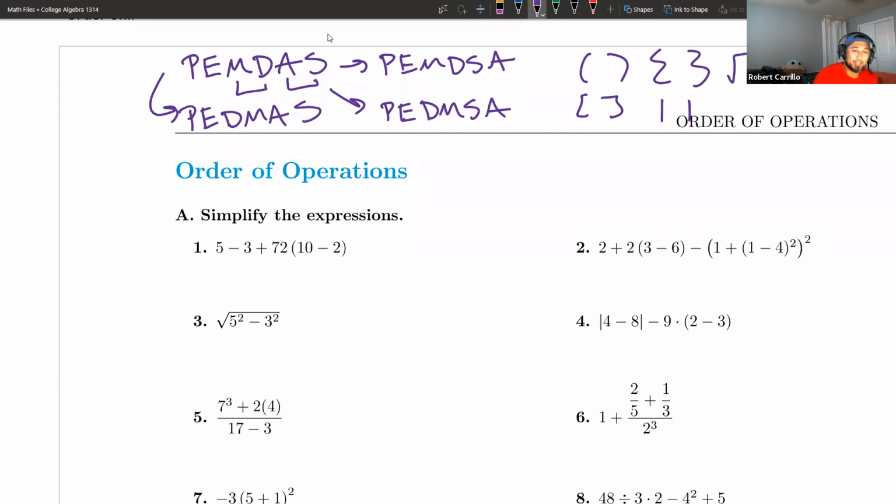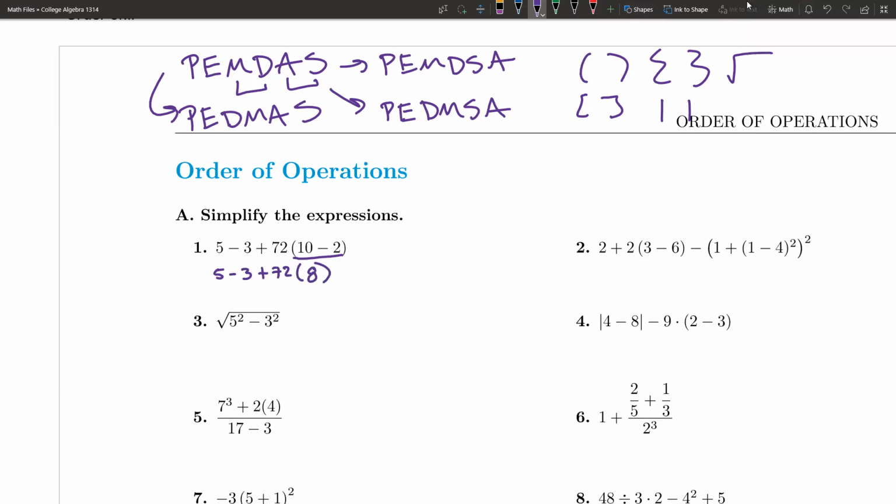All right. So starting with number one, we have 5 minus 3 plus 72 times parentheses 10 minus 2. So we see that reading from left to right, we have a parentheses that comes first. So we will handle the parentheses first. So everything stays the same: 5 minus 3 plus 72 times parentheses 10 minus 2, which is 8.